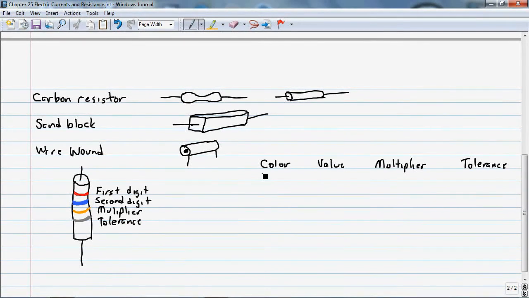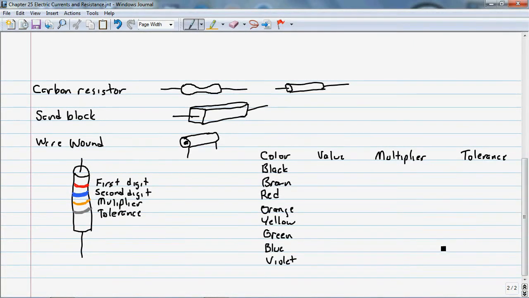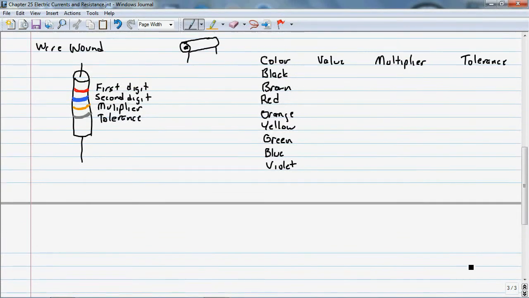So you have, start with black, brown, red, orange, yellow, green, blue, violet, and then I think I ran out of space here, so I'll have to start it on the next page. So from violet, we have gray and white.